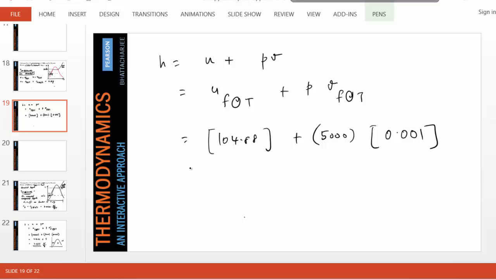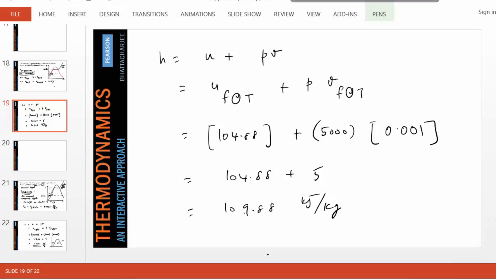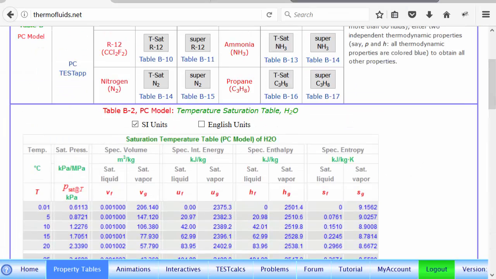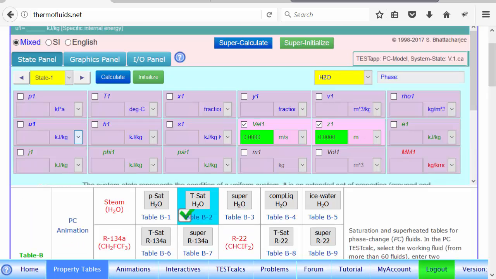So therefore, the enthalpy is found to be about 104.88 plus the pressure effect, 109.88 kilojoule per kg.